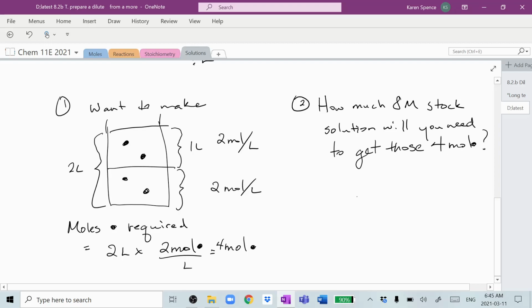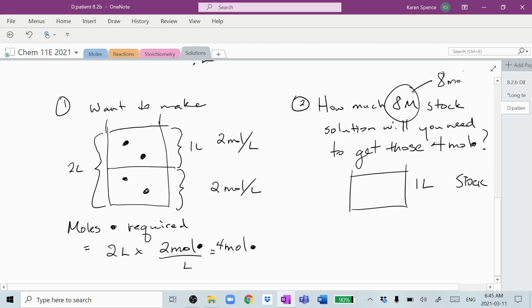Okay, so let's take a look. Let's say we had 1 liter. And I know that I have a concentration, this is my stock solution here, of 8 moles per liter. So I know that within that 1 liter there are 8 moles. So 1, 2, 3, 4, 5, 6, 7, 8.